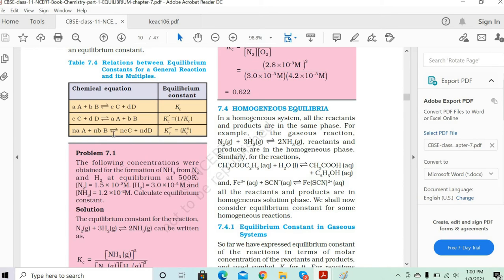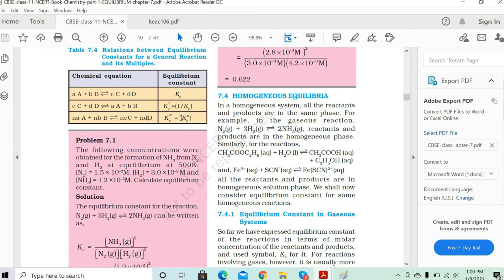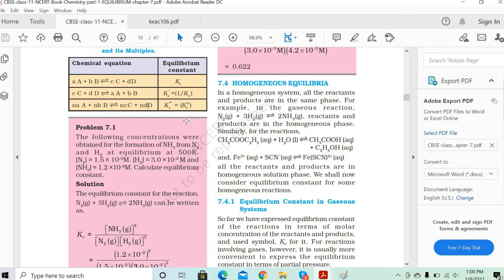In the third row, the number of moles are all getting multiplied with n. So what will be the power now? Equilibrium constant Kc double dash will be equal to Kc whole power n. So this number of moles will go to the power, Kc power n. Is this part clear?